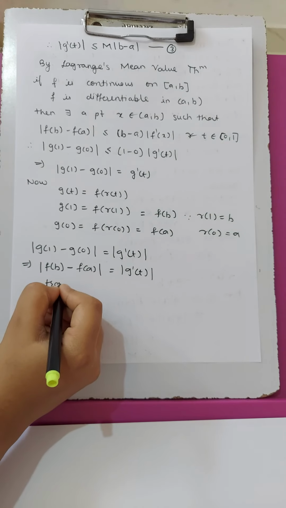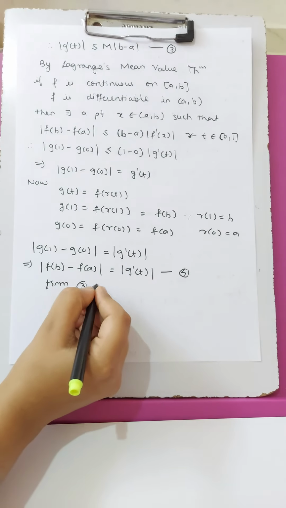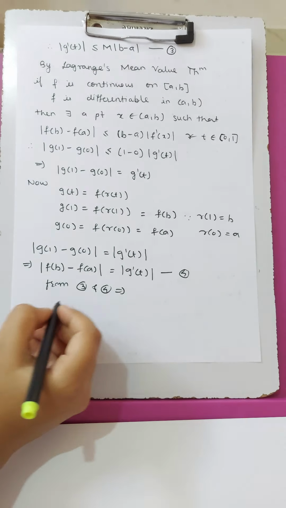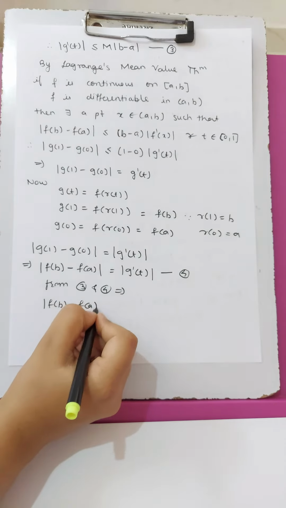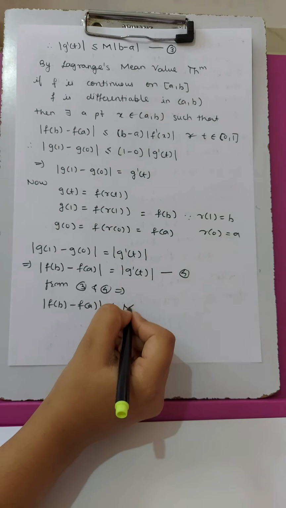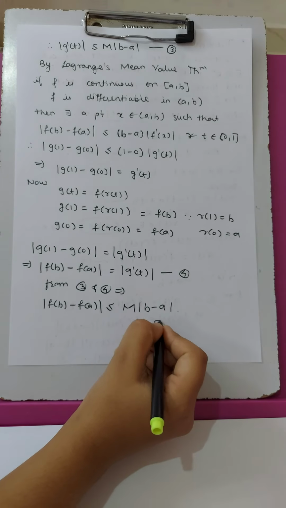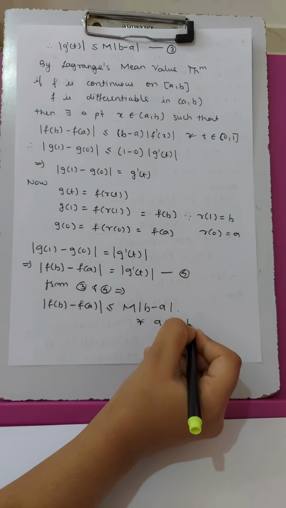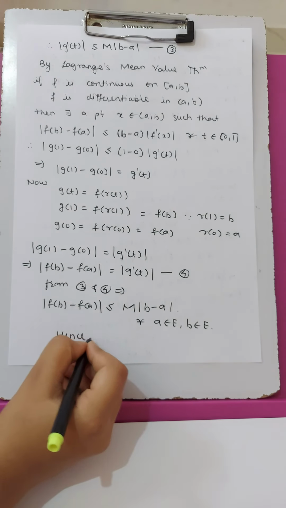Let it be number 4. So from 3 and 4 it implies that mod of f(b) minus f(a) is less than or equal to M mod of b minus a for a belonging to E and b belonging to E, and hence the theorem is proved.